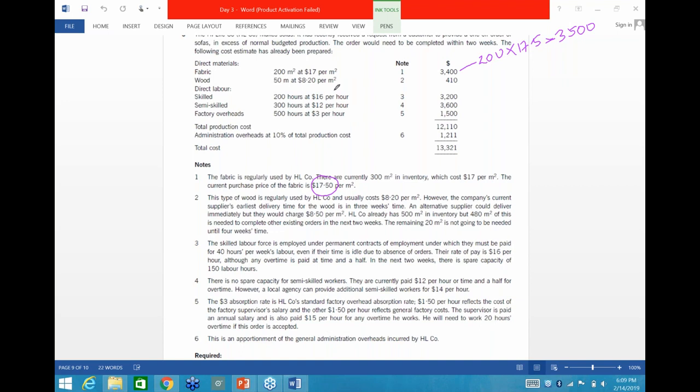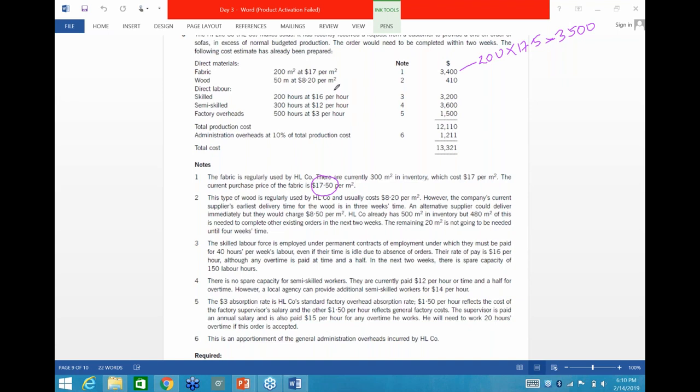An alternative supplier could deliver immediately but would charge 8.5 per square meter. HL company already has 500 square meters in inventory, but 480 of this is needed to complete other existing orders in 2 weeks. The remaining 20 square meters is not going to be needed until 4 weeks' time.